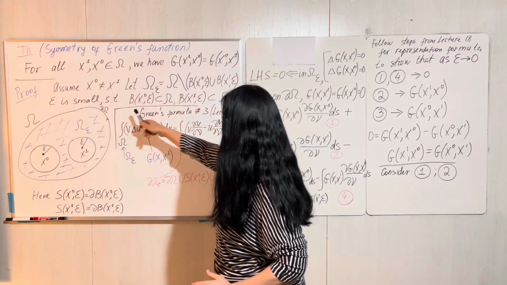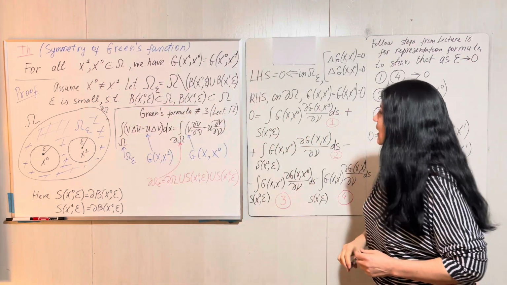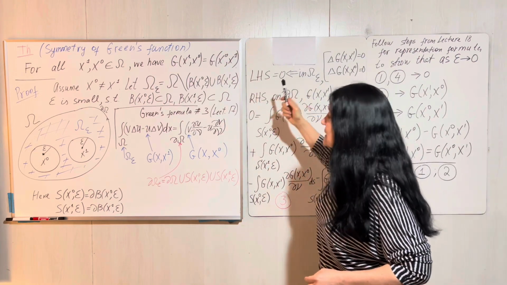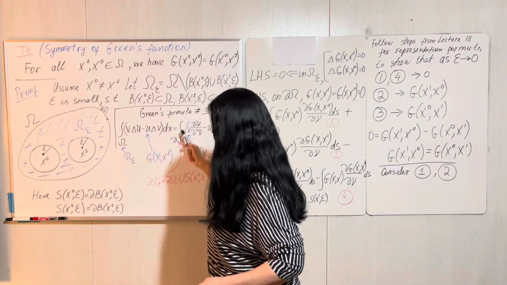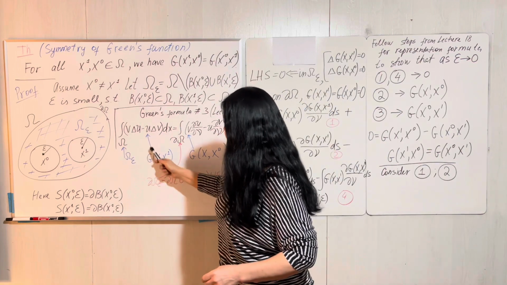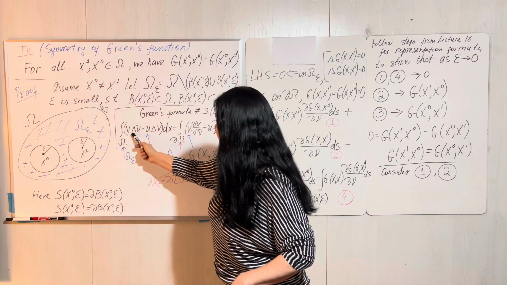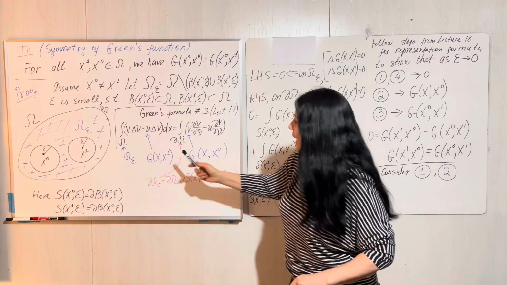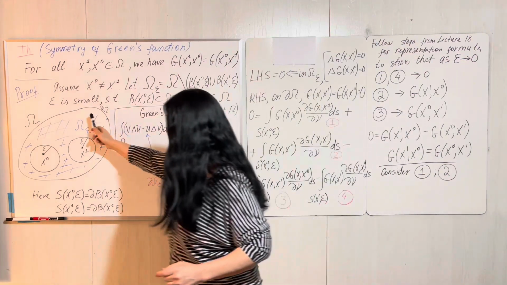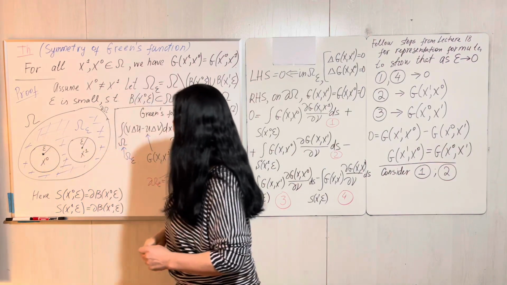And now let's see how we can rewrite Green's identity. First, I claim that the left-hand side is 0. Here would be our left-hand side, and here we will have delta g of x, x1 and delta g of x, x0, and both these functions are harmonic in omega epsilon, because in omega epsilon we removed these parts where they have singularity.